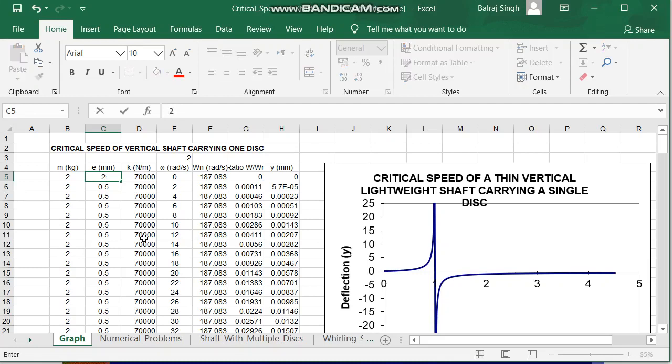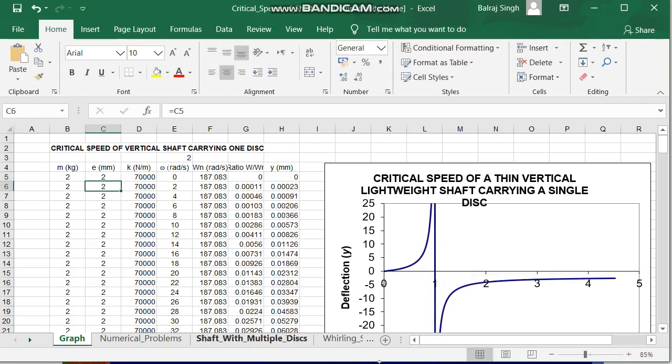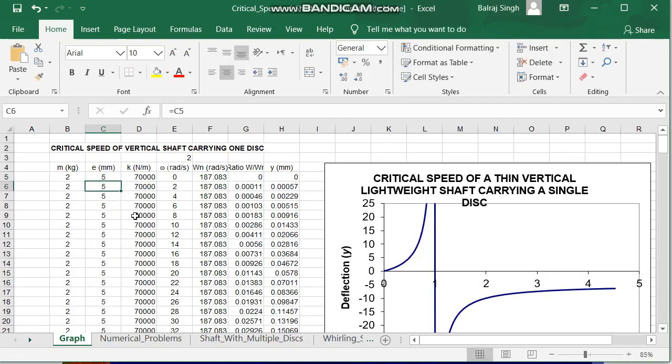If I increase it, you can see this whole behavior changes. But what's important here is that y is always settling down to minus e. So if e is 2, y is settling to minus 2. If I make e, let us say, 5, whatever the units be, y tends to minus 5 as the frequency of operation increases. So that is the mathematical part of it.